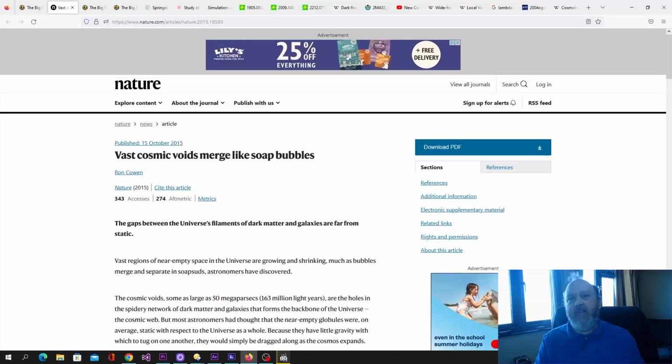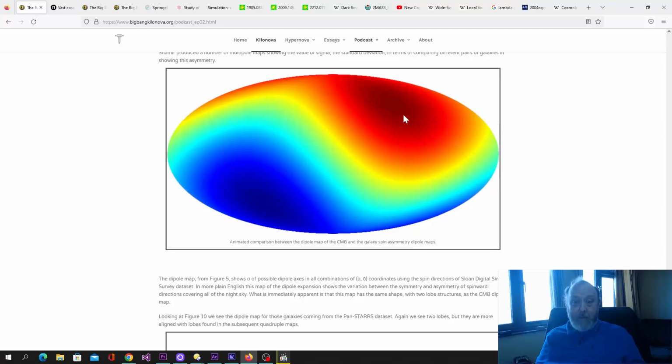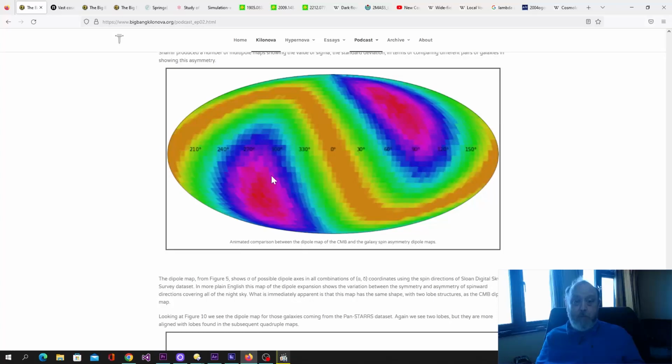how does the Eridanus supervoid, which exists at the time of the last scattering of the cosmic microwave background radiation, how does that work? What's the Lambda CDM model got to say about that? Statistical anomaly. But in turn, what has the Lambda CDM model got to say about this being a part of the cosmic microwave background sky?